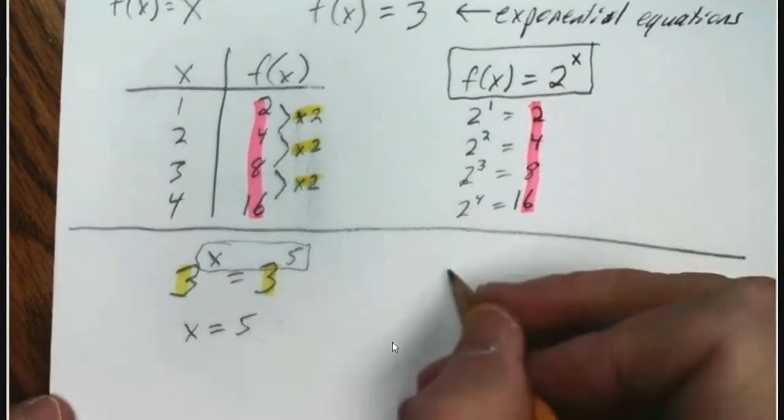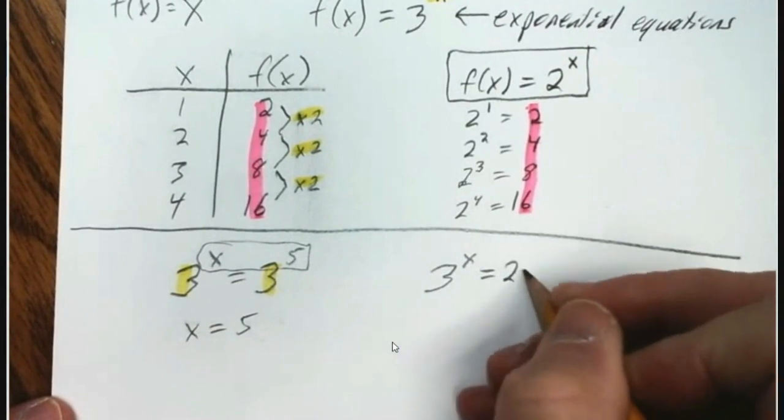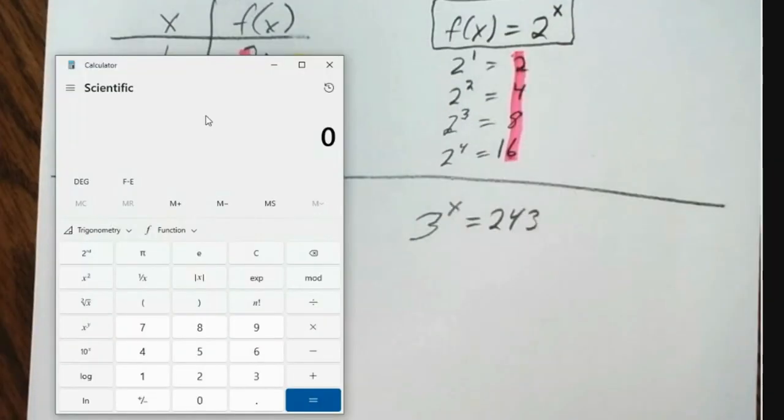But what about when it's like this? 3 to the x equals 243. Well, that's not so easy, right? We're like, okay, I have no idea what x equals now. Well, we have to rewrite it. If we can rewrite this where they have the same base, what is 243? Well, it's 3 times 3 times 3 times 3 times 3.